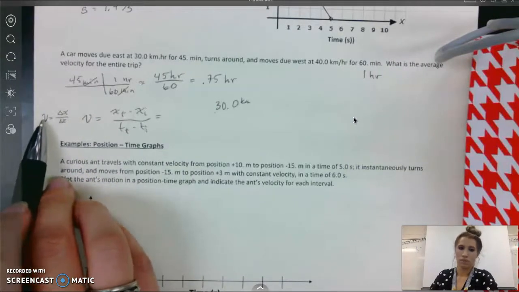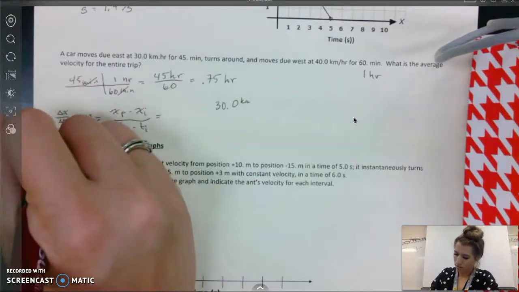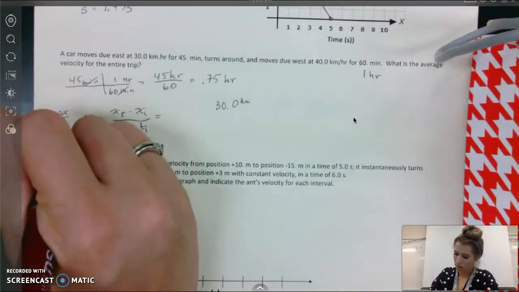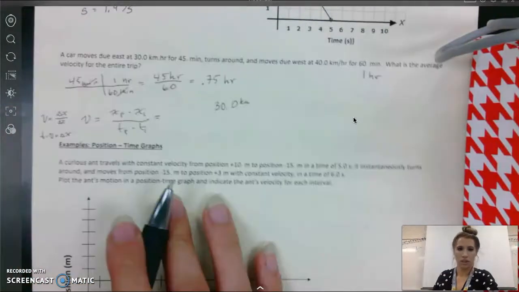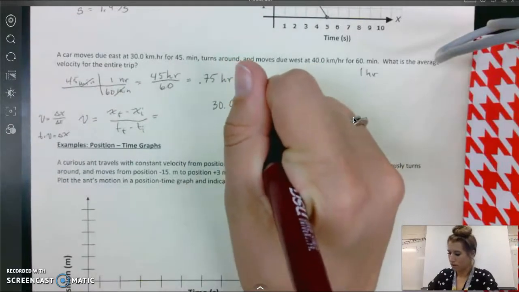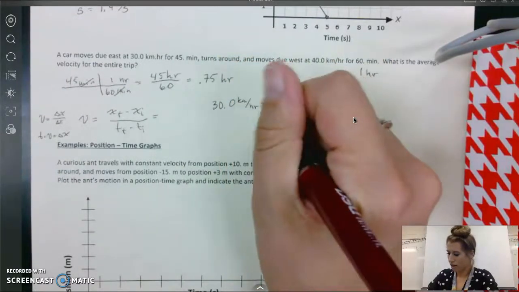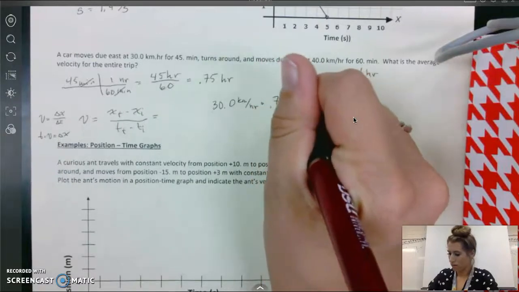So if we were to rearrange this equation to solve for distance, I would say that t times v is equal to delta x. And so I'm going to start with that. I have my 30 kilometers an hour, and I'm going to multiply that by my 0.75 hours.